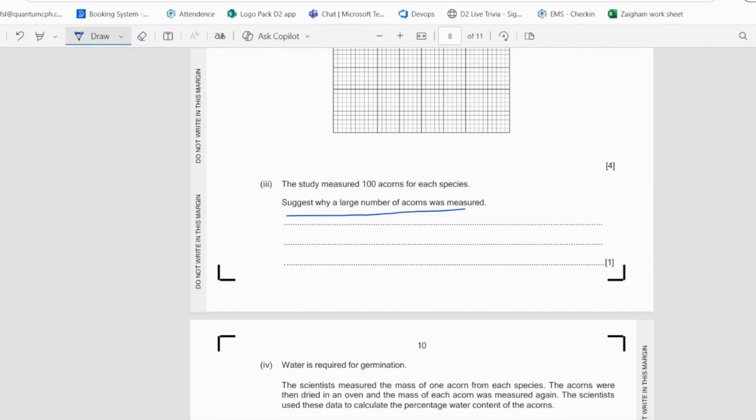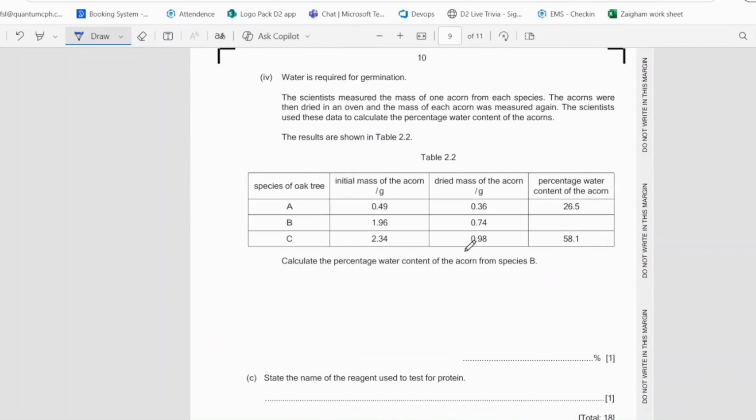At that time, we talked about how we get a good, why do we use so many things, for accurate reading or for representative data? Okay, okay.